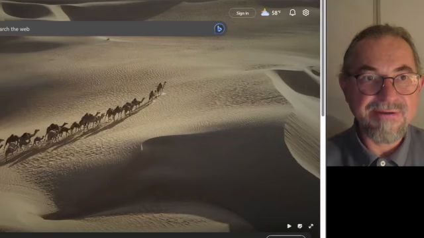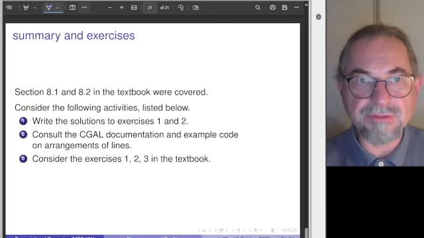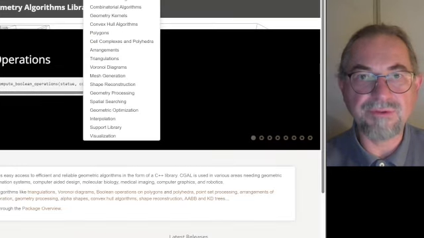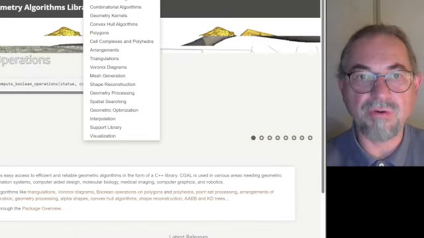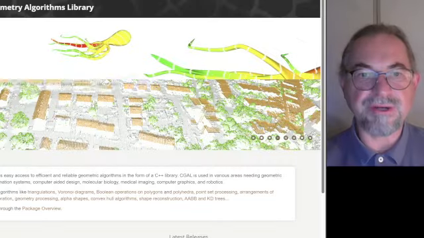So let me very briefly go into the documentation of CGAL. If you look into CGAL, you look into the packages, the overview of the packages, and in the documentation, my internet is a little bit slow. I had not prepared this all that well. So the documentation is loading now, and I clicked on the arrangements.